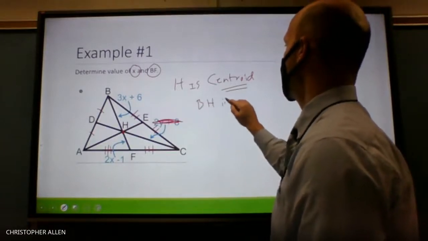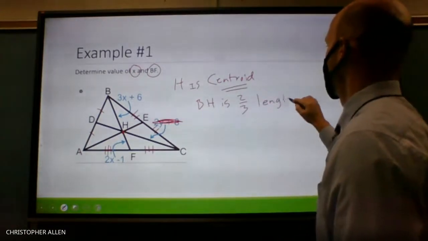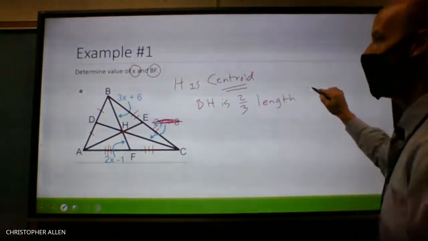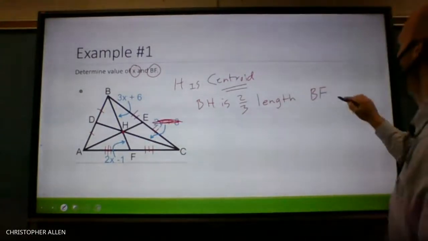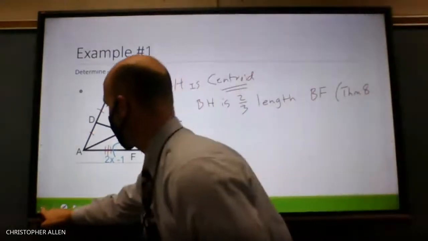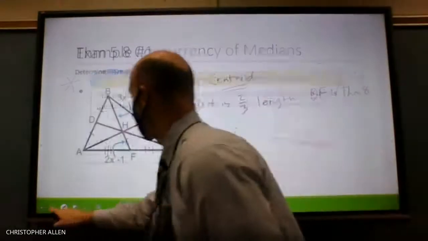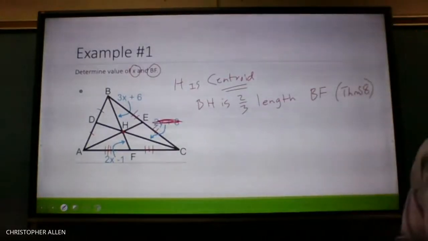BH is 2/3 the length of BF. This is a fact. This is based on theorem 5.8. That's what we need to use.